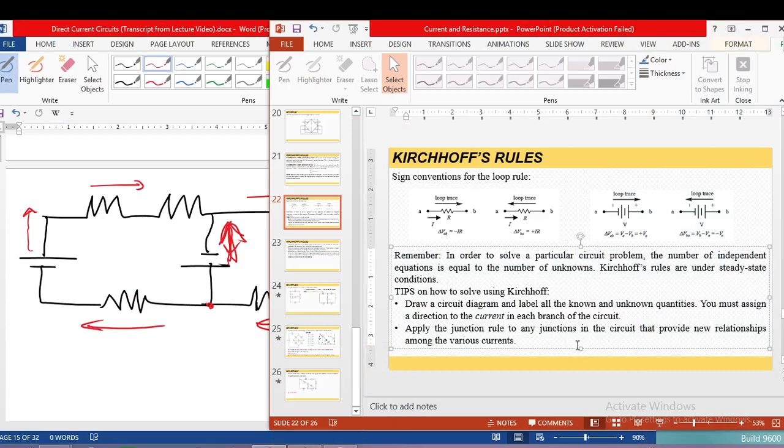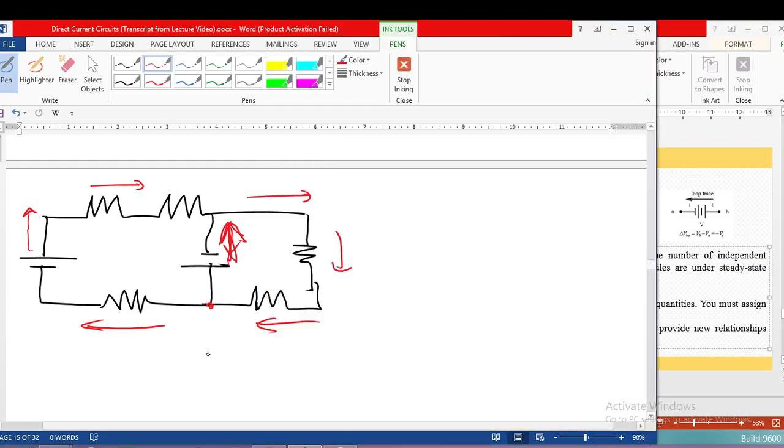So next also is you have to apply the junction rule to any junctions in the circuit to provide new relationships among various currents. So of course, you have to take note what are the junctions. So junctions are where three or more wires meet. So these are the junctions.